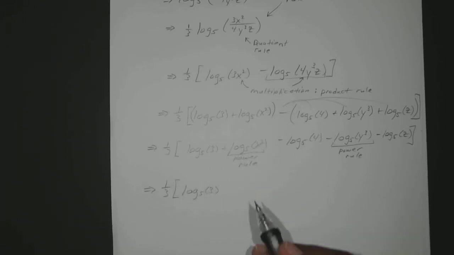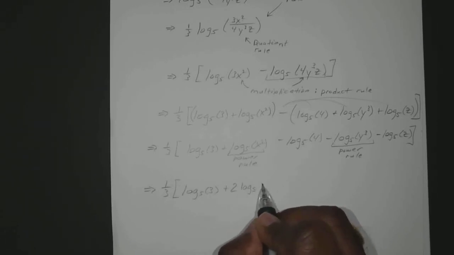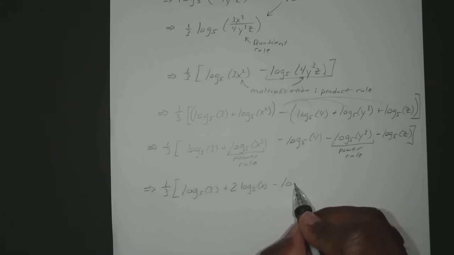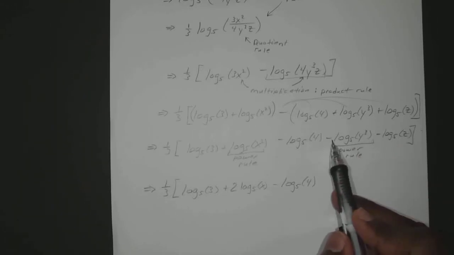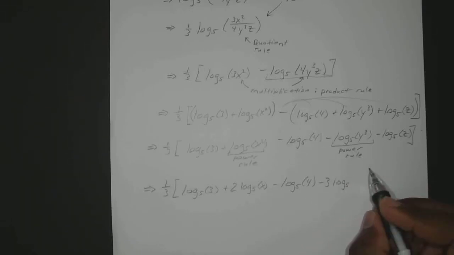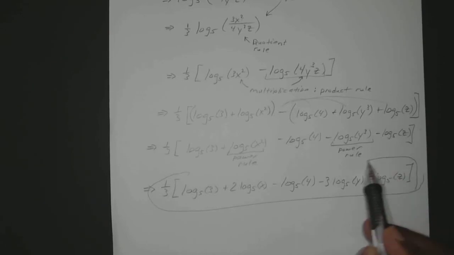Bring down our 2, that will be plus 2 times log base 5 of x minus log base 5 of 4. If we bring down our 3, minus 3 times log base 5 of y minus log base 5 of z. Which is your final answer.